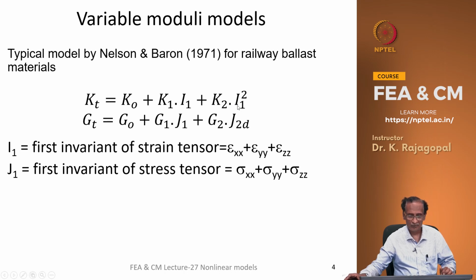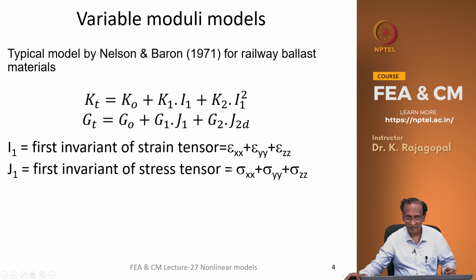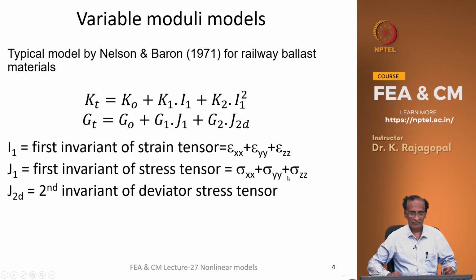And then the shear modulus is expressed as G0 plus G1 times J1, and J1 is the first invariant of the stress tensor that we had seen earlier as sigma xx plus sigma yy plus sigma zz, and J2D is the second invariant of the deviator stress tensor. If you recall, we had split the total stress tensor into two parts.